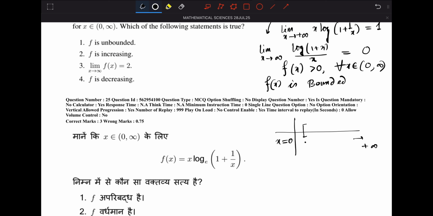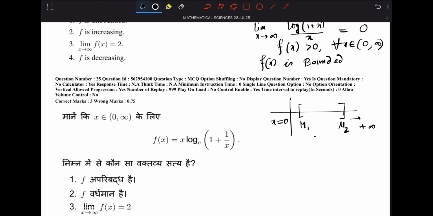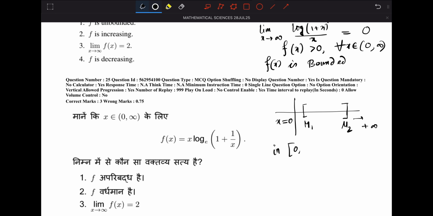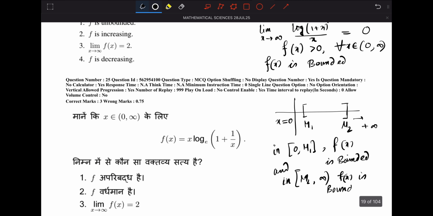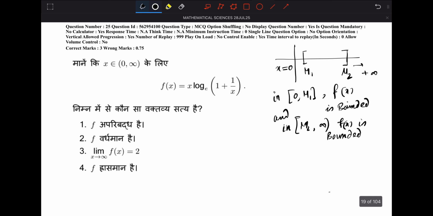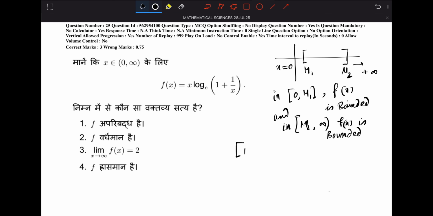We can choose M1 and M2 such that in (0, M1) f(x) is bounded, and in (M2, infinity) f(x) is bounded. And f(x) is continuous, so in (M1, M2) f(x) is also bounded.